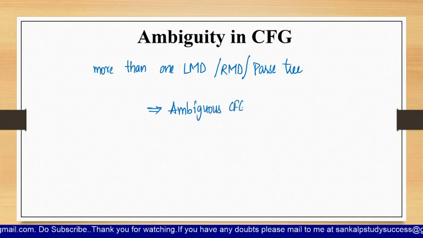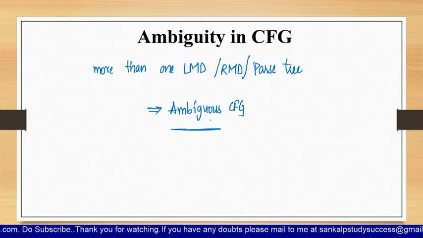Ambiguous context free grammar. So in the ambiguity, you are going to have more than one leftmost derivation, or more than one rightmost derivation, or more than one parse tree for the same string, and that is known as ambiguity in context free grammar, and it is also known as ambiguous context free grammar.